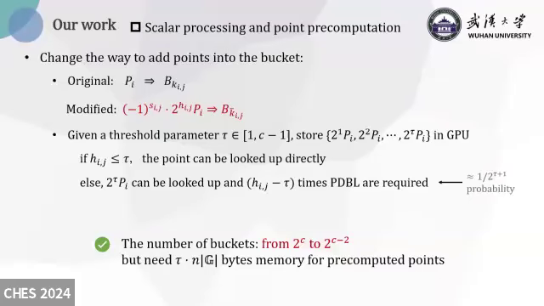If your GPU device does not have enough memory, you can also control the size of the pre-computation table using a threshold parameter top. It is evident that using this approach, the number of buckets is reduced to 1/4 of the original.